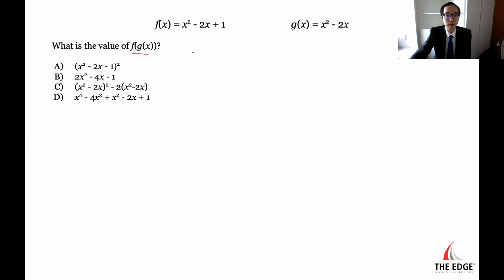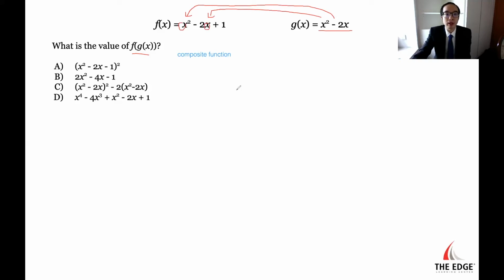To answer this, we need to take g of x, the function that's in the bracket, and put this expression into the x variables that we see in the f of x function, the function that's outside of the bracket. So that's where x goes.